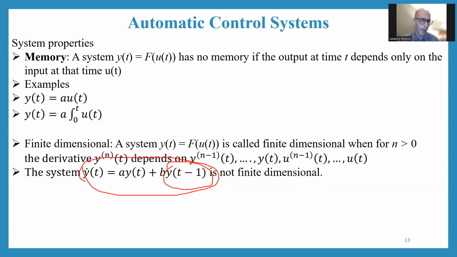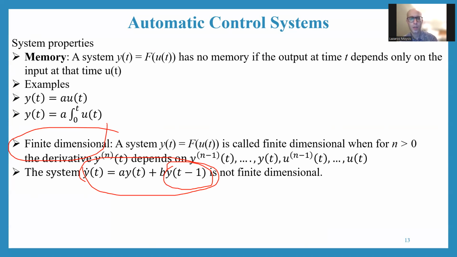Another property is the dimension of the system. This is very important in state space descriptions. Basically, a system is called finite dimensional when the differential equation for any derivative of the output or of the given state depends only on the previous derivatives of the input and output. In any other situation, which you may encounter in more advanced topics, the system is not finite dimensional. In this case, we don't necessarily say it's infinite dimensional. I don't think that's correct.